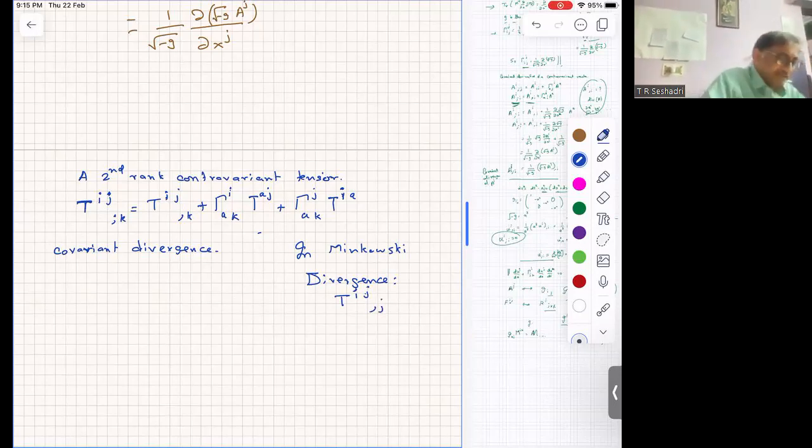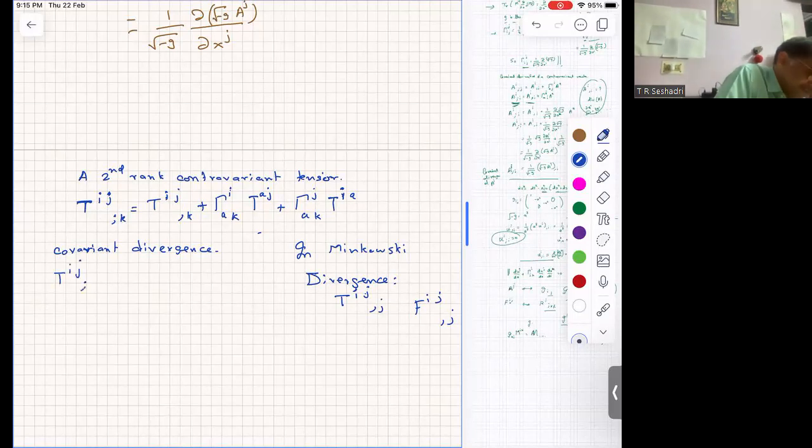Right? Remember when I did Maxwell's equations, I had the electromagnetic field tensor and I had put this. Remember? Okay. So I just write down the covariant divergence.